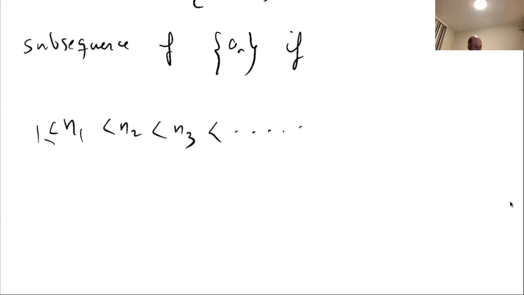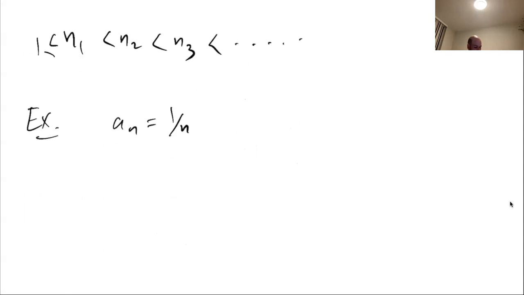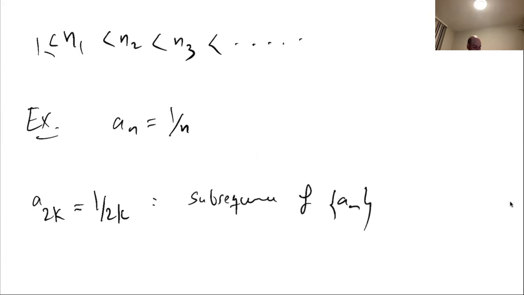So let's look at an example. Let's say the original sequence is 1 over n. Now, if I choose, for example, A2K equals 1 over 2K, it is a subsequence of AN. Look at here, AN, what are the elements? The first element is 1, then 1 over 2, 1 over 3, 1 over 4, 1 over 5, 1 over 6, and so on.